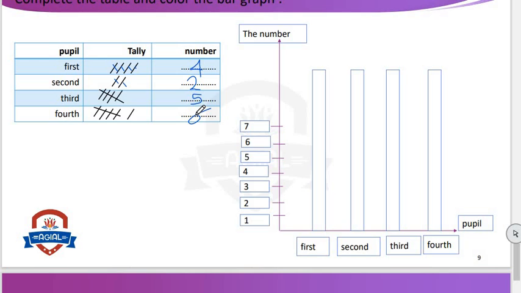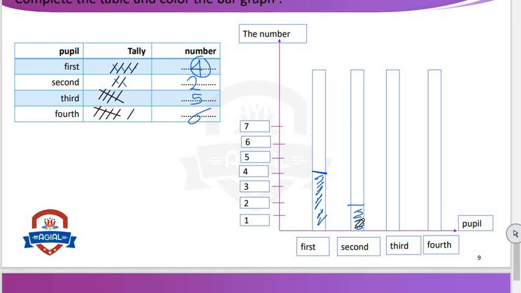Who can color the bar graph with me? Say first, go up to what? 4. So we will color up to 4. Second, excellent, 2. So second in here on the horizontal line, and go up to 2 on the vertical line, and we color all of it.